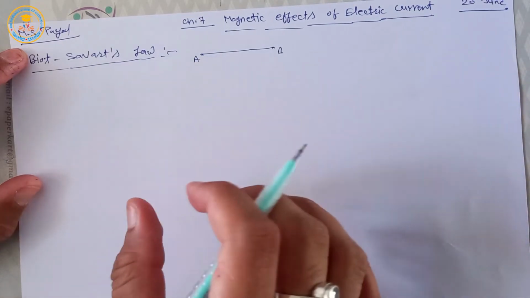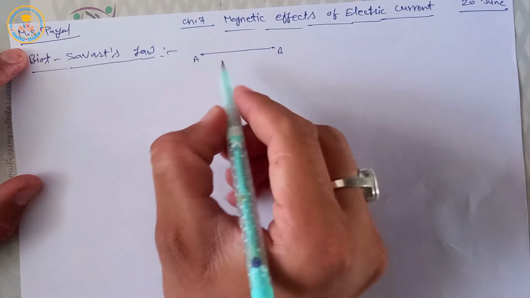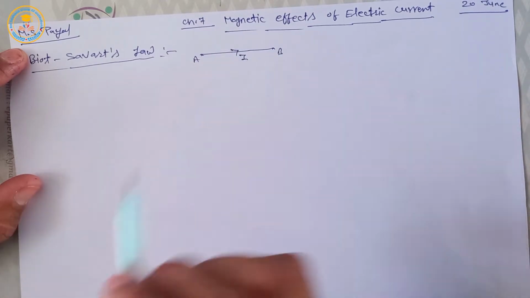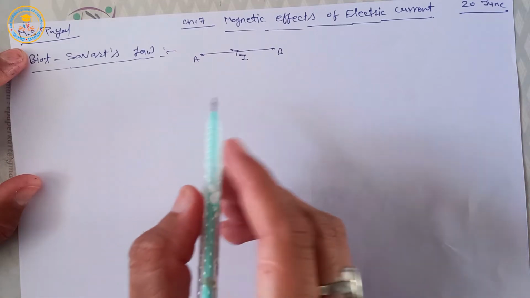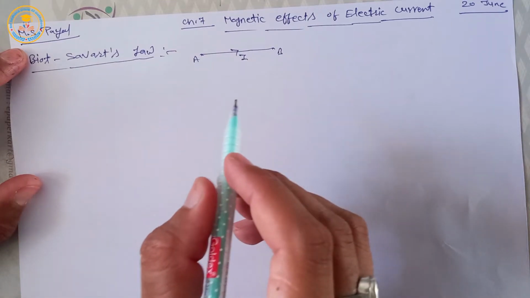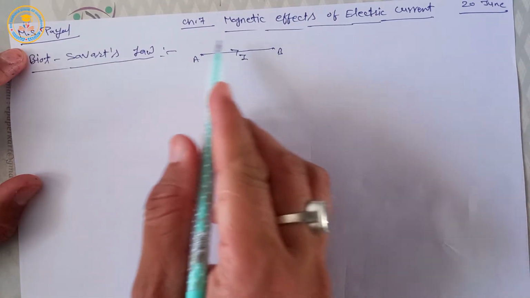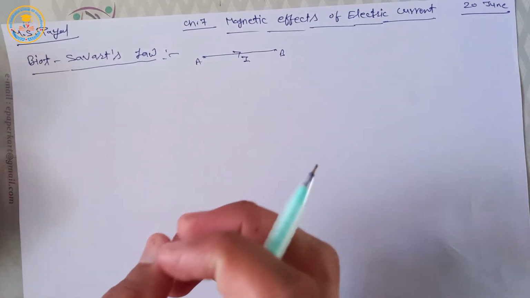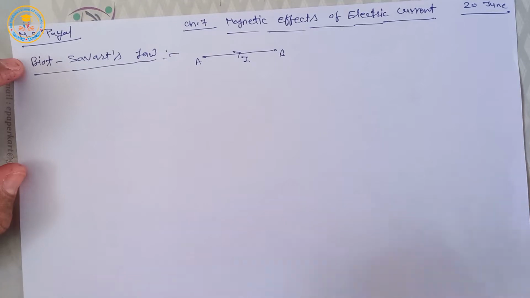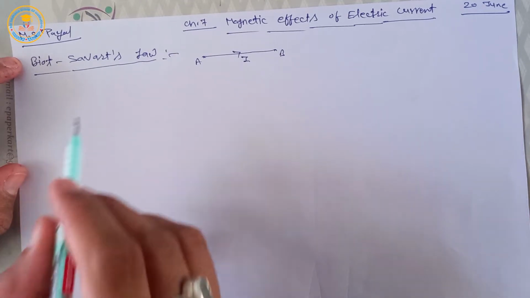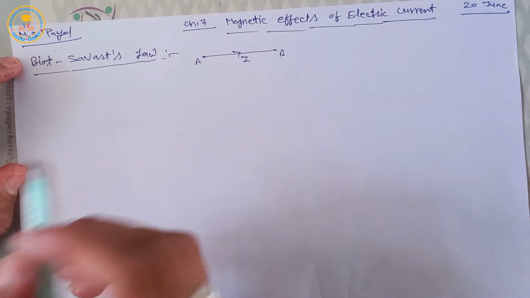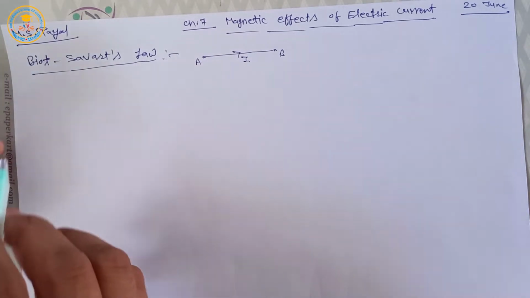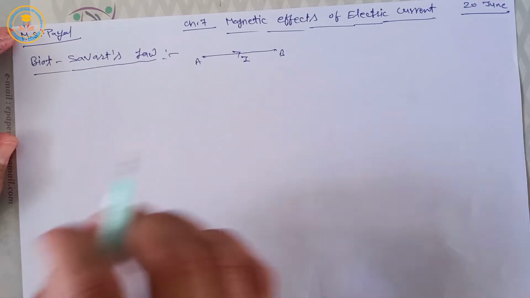We know from Oersted's experiment that if current flows through this wire, then a magnetic field is produced around this wire. But what is the magnitude of this magnetic field? To determine the magnitude of this magnetic field, Biot-Savart gives a law.